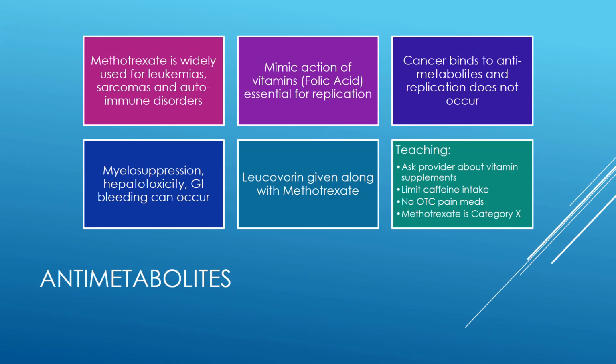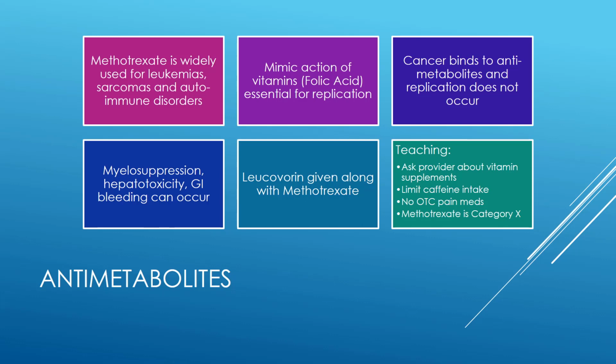Antimetabolites mimic the action of vitamins like folic acid that are necessary enzymes in DNA replication. Cancer genes mistakenly bind to antimetabolites instead of the usual enzymes, and replication is thereby prevented.